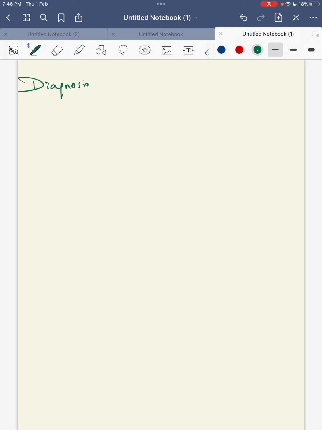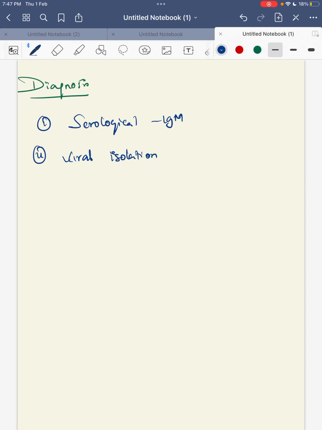Next, how are you going to diagnose? Diagnosis. One is by the serological method, where you look for IgM. Next is viral isolation by culture.